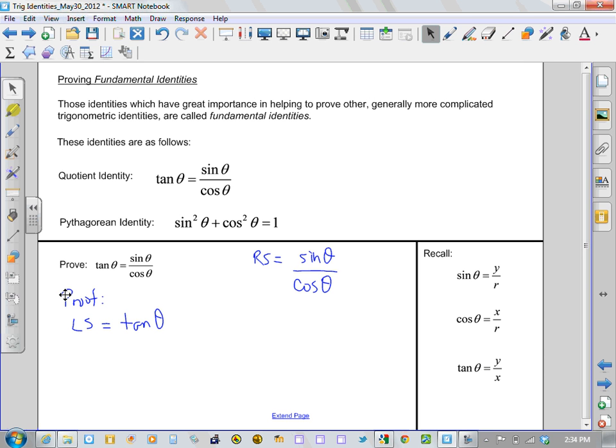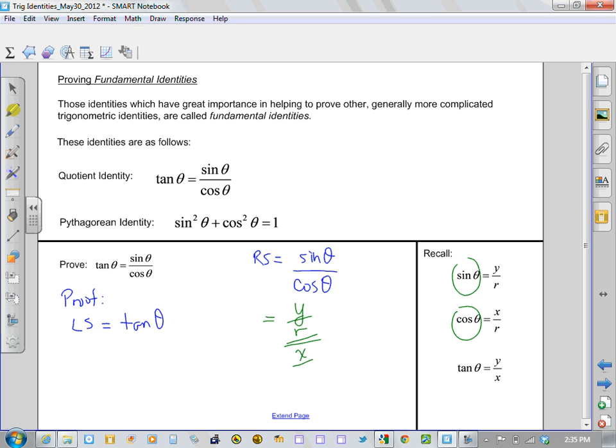What I would like you to remember is that we have already determined expressions to which both the sine and the cosine of theta are equal. So we'll move forward by substituting these expressions in for both the sine and the cosine of theta.